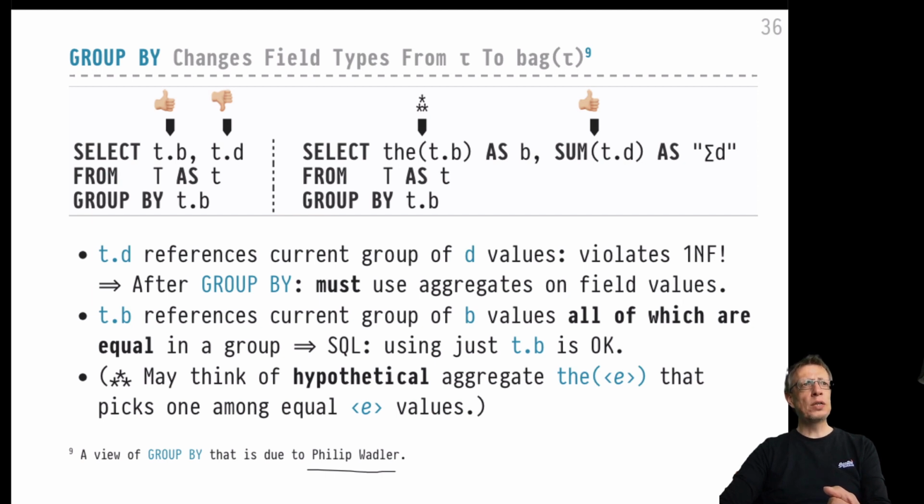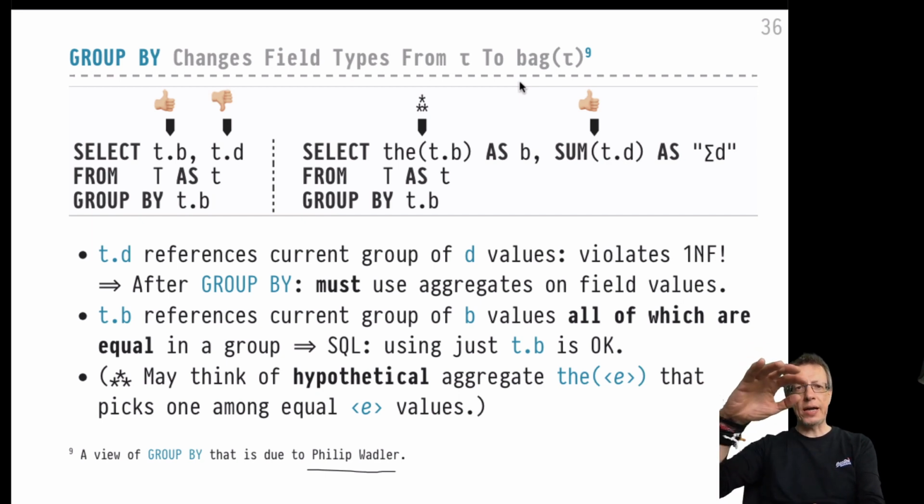So once you've done a group by, you are switching the type of fields. A field that had a type tau before, after grouping, really now has type bag of tau.